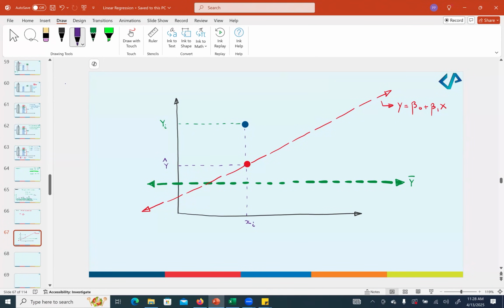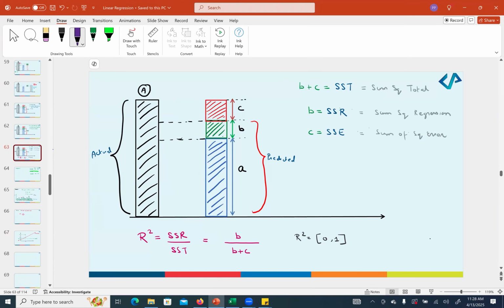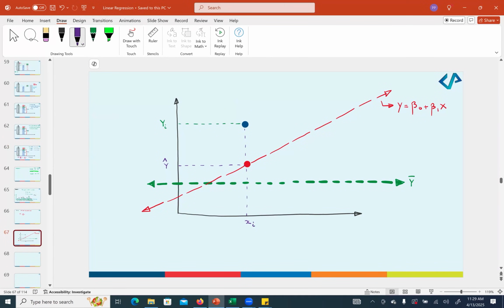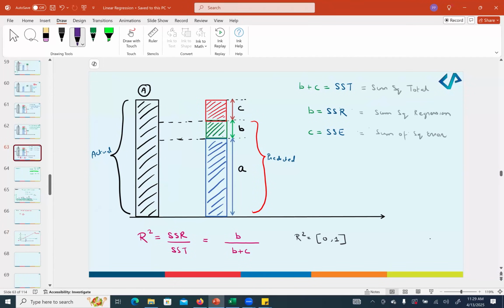Now, if I would have to mark A, B, and C, let's go back to this chart. What was A? A was from 0 to average. So if I would have to draw A over here, A will be this much. Similarly, what is now B? B is from average till predicted value.